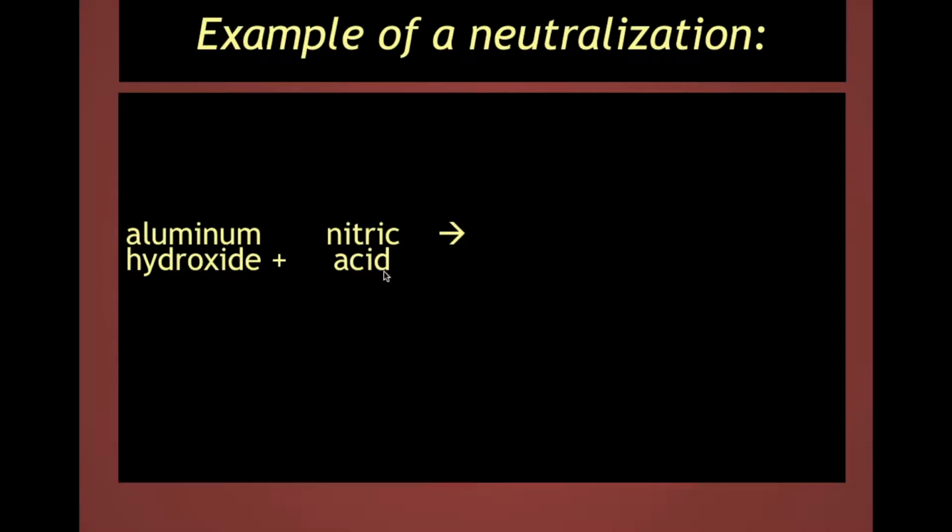And then nitric acid, the way I remember naming acids, it's kind of stupid, but the ending, if it's ick, I ate something icky. So the ending you can change to nitrate. Okay, so how you do this reaction is you will be looking at aluminum, and the metal from the base will combine with the non-metal from the acid, and then the hydrogen and hydroxide will combine to form water.